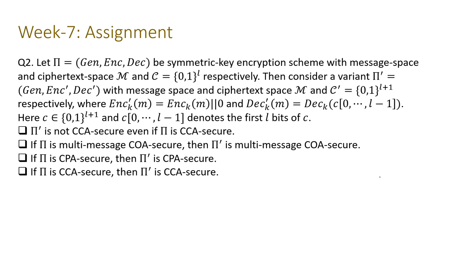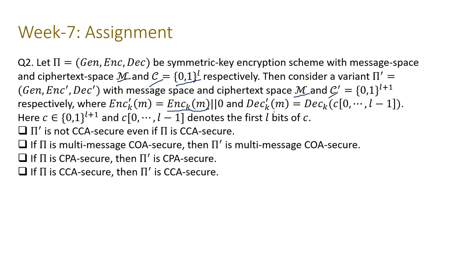So the message space is the same: previously the message space was 0,1 to the power L, and it still remains the same. But the ciphertext space was previously an L-bit binary string, and now it has become C dash, which is an L plus 1 bit binary string. And we define the encryption in this manner. Given an L-bit binary string M, we first apply the normal encryption algorithm with the key k, as defined in the original scheme pi, and then we concatenate a single 0 bit.